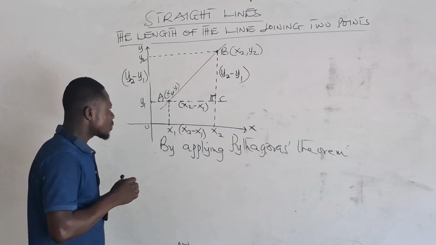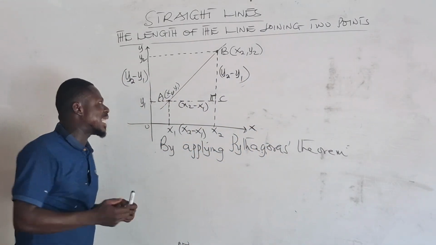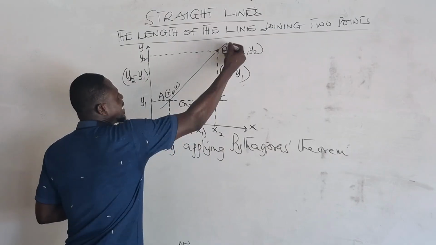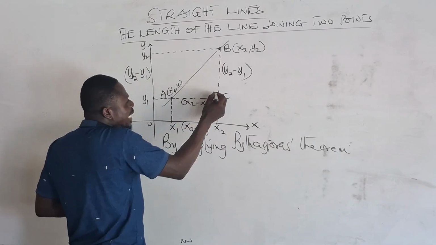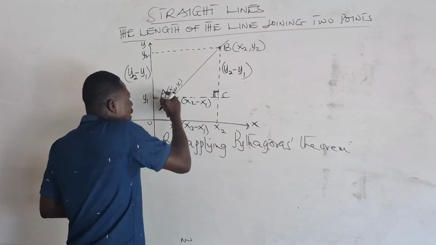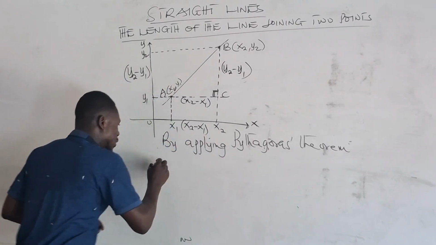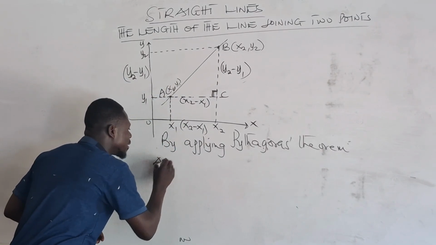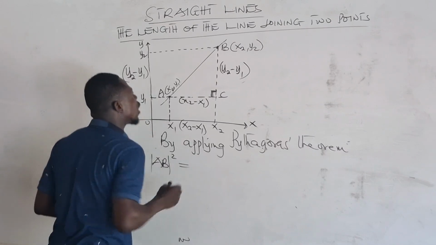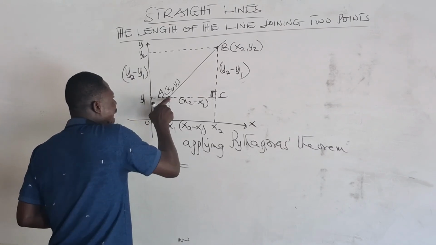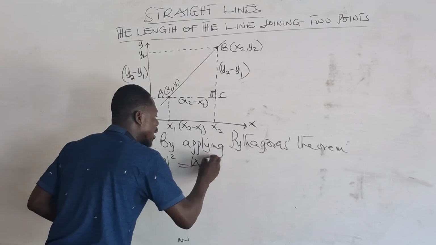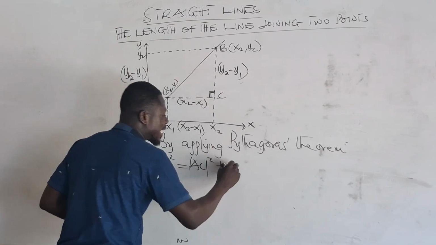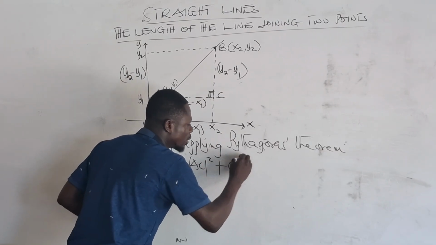what does the theorem say? The theorem says that the longest side, in other words, the side opposite to the right angle, so this side is opposite to this right angle, the square of it, so AB squared, should be equal to the square of this, that is AC, plus the square of the other side, CB.